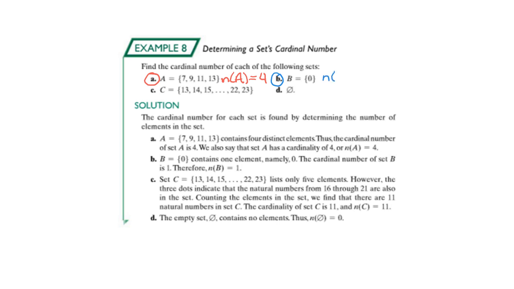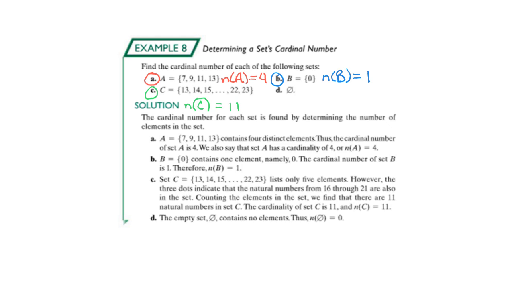So the cardinality of set B is just one element. Looking at set C, it has 13, 14, 15, and so on to 22, 23. So it starts from 13 and ends at 23. If you list that all together and count out the number of elements, you should come up with 11 elements.